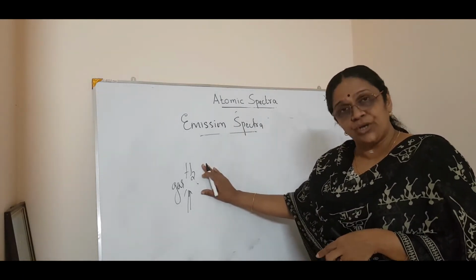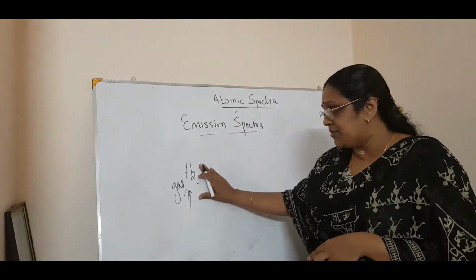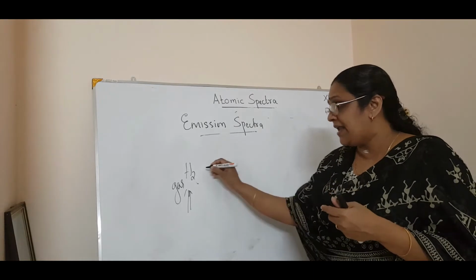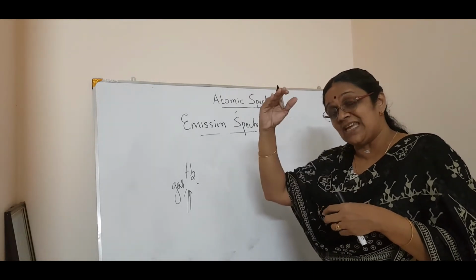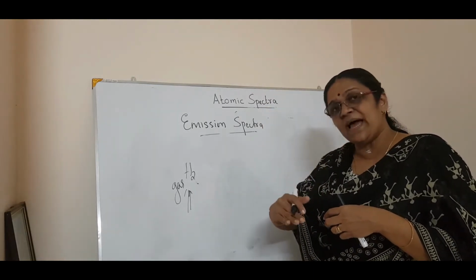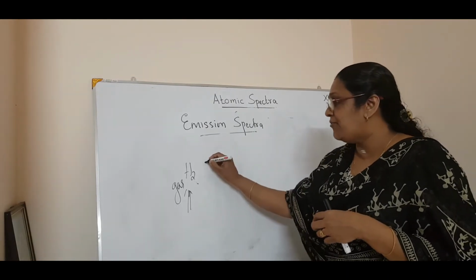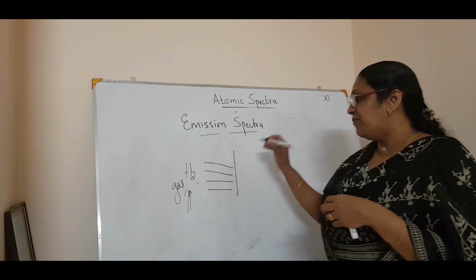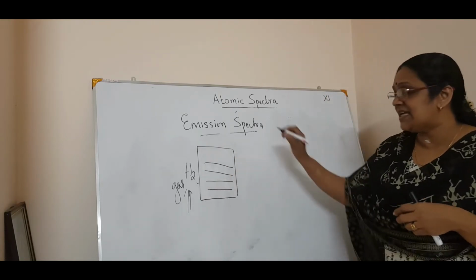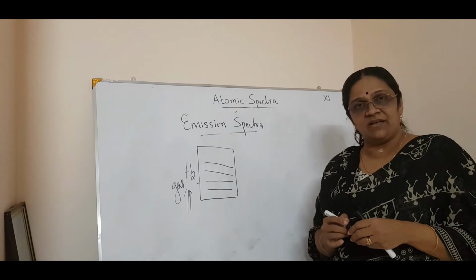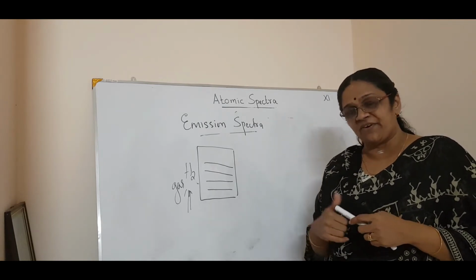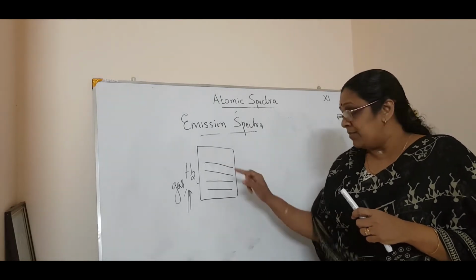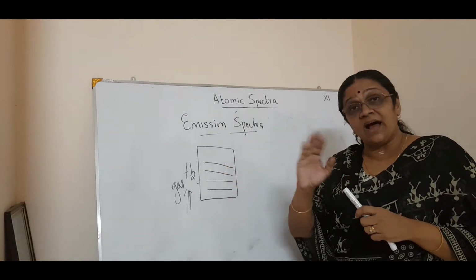The hydrogen molecule will get excited and form hydrogen atoms, and once it goes to an unstable level, it rebounds back or emits radiation and forms what? Emission spectra. That is, lines will be there for the hydrogen atom. That is the emission spectra of hydrogen. It is not a continuous spectra, but you will get lines, and the lines are separated by dark surfaces.